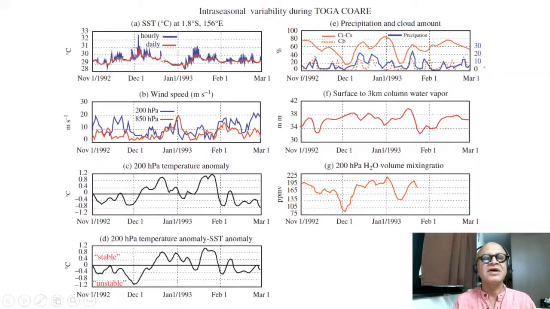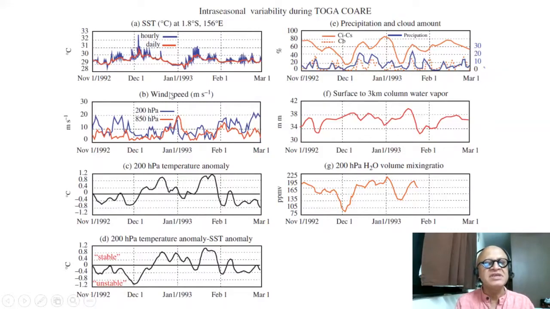And the daily temperature SSTs appear fairly smooth, but if you look at the hourly time series of SST, you can see that there are spikes of order 1, sometimes even 2 degrees, reaching as high as 32 and over. So if the atmosphere is able to quickly respond to these hourly SSTs, obviously that's going to be important to observe as well.